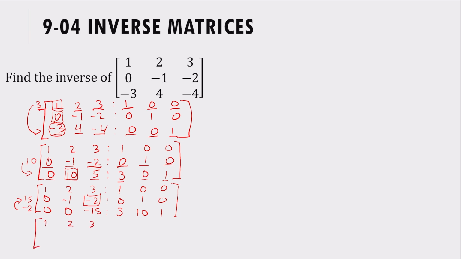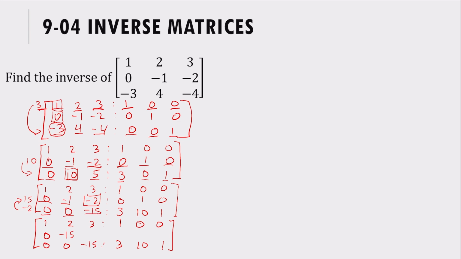Top row is not changing. The second row is, but the bottom row is not. So we'll have negative 2 times 0 plus 15 times 0. Negative 2 times 0 plus 15 times negative 1.